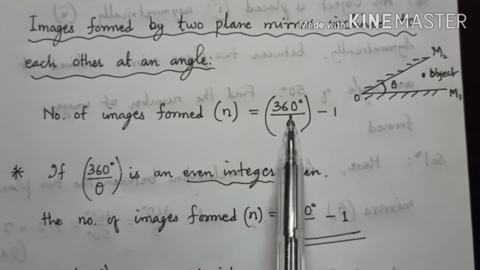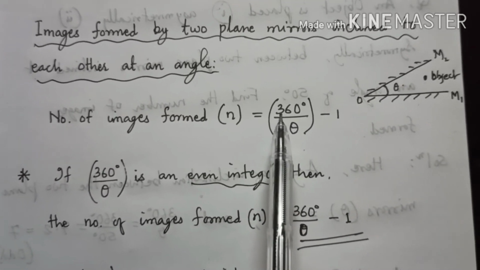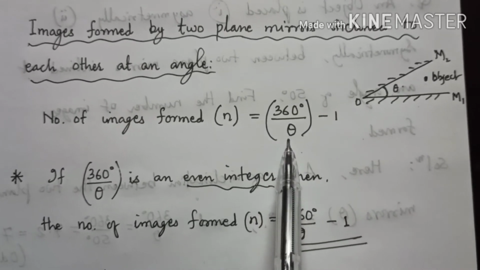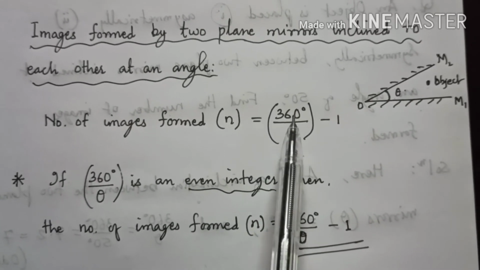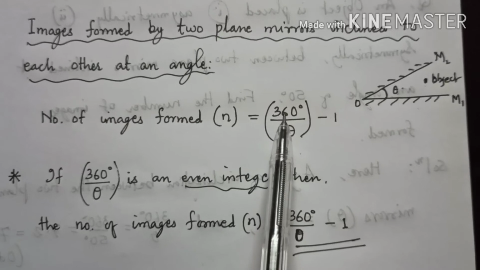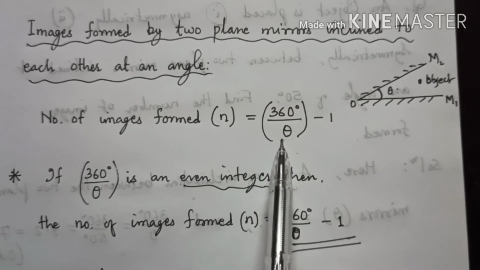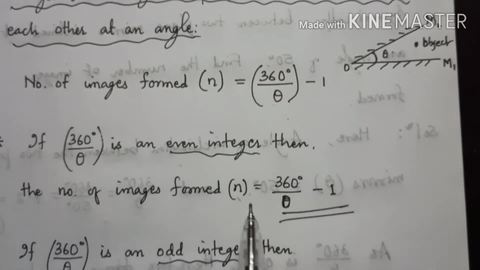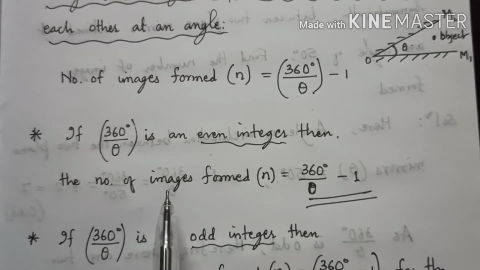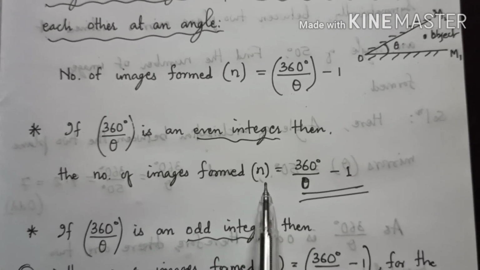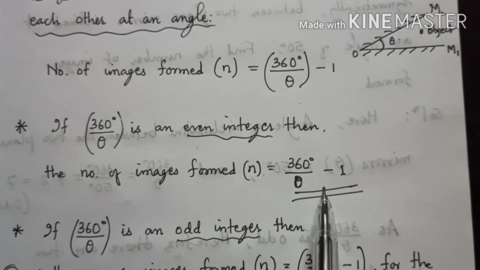First of all, we have to see whether the value of 360 by theta is odd or even. If the value of 360 degrees by theta is an even integer, then the number of images formed is given by N equals 360 by theta minus 1.